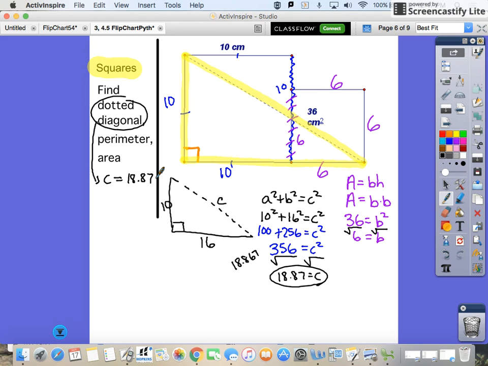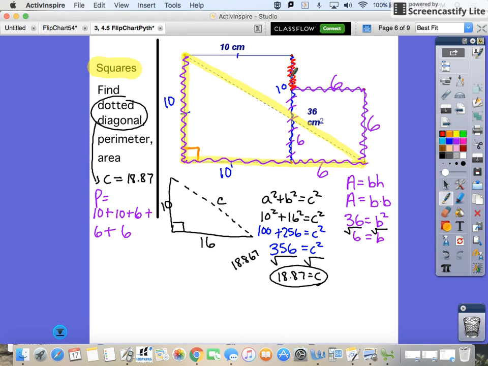Now to find the perimeter, what we need to do is add up the outsides. So perimeter equals 10 plus, I'm going to write this over here, 10 plus 10 plus 6 plus 6 plus another 6. Now this one's the tricky piece.